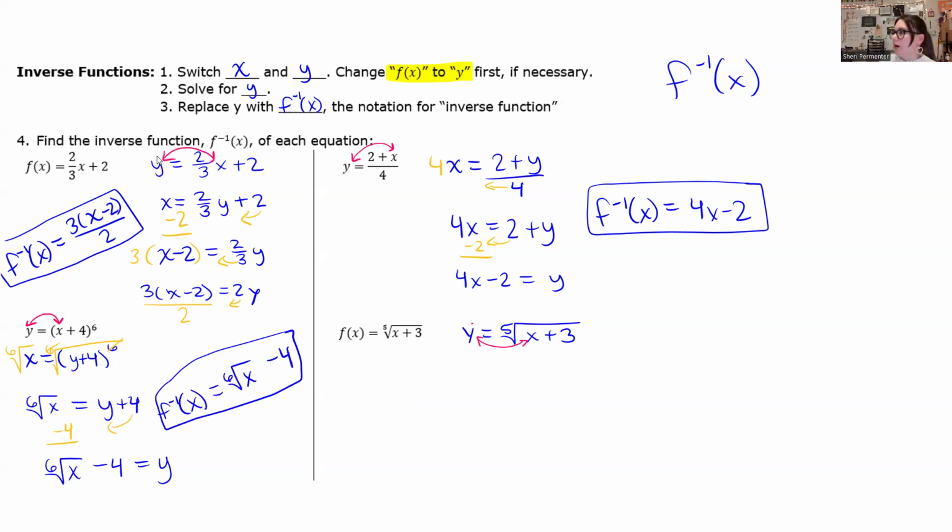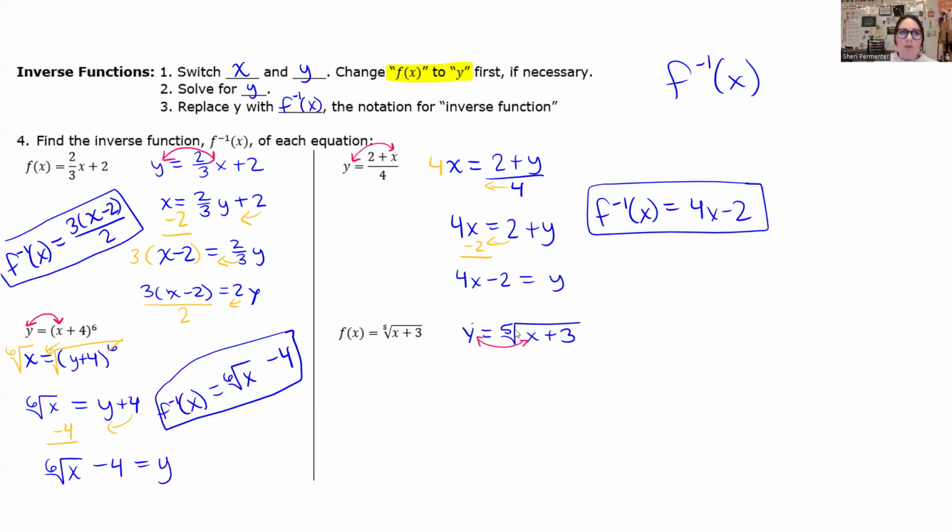Any questions so far? I am just undoing operations. My original problem had to the sixth power, and my inverse has the sixth root. Those are inverses. My original function had +4. My inverse has -4. They're inverses.